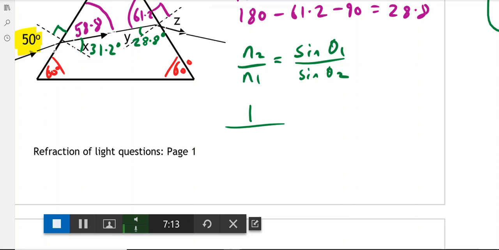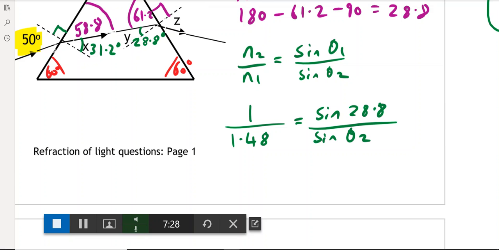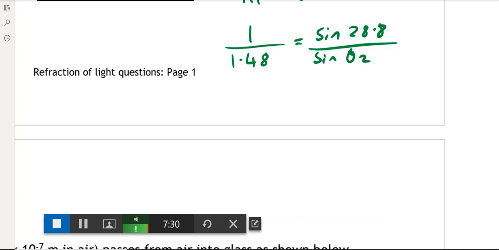It is coming from the glass. Our incident angle is the angle in the glass, and our angle we're interested in is the angle in the air. So we now have sine theta 2 on the bottom of our formula.